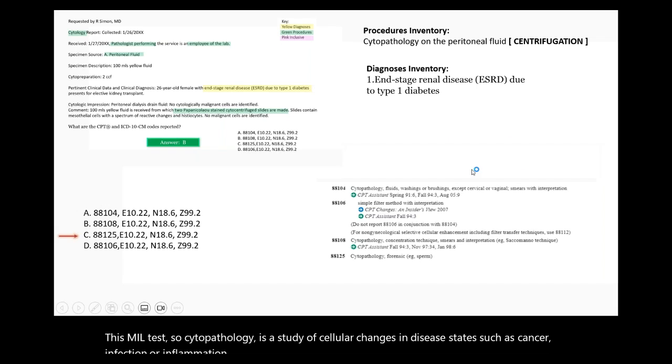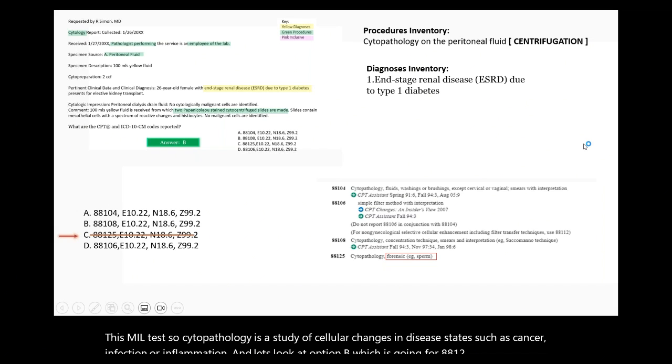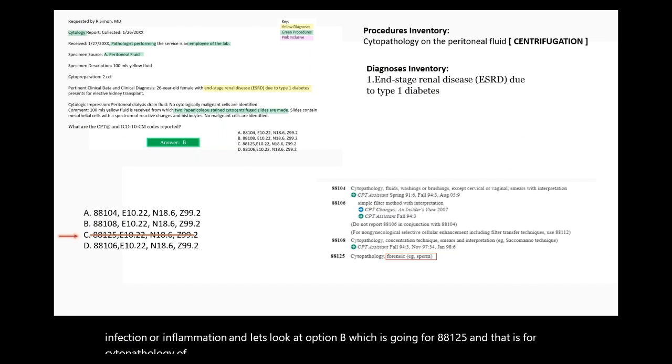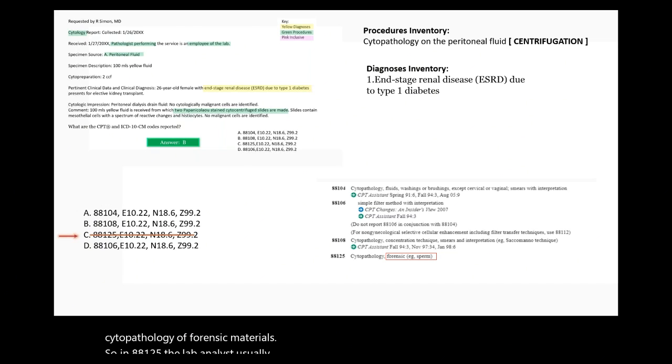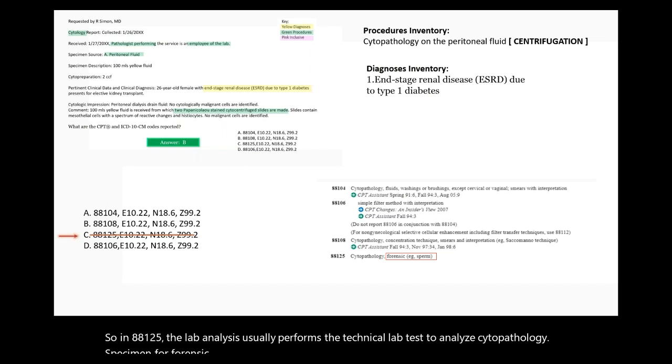And let's look at option C, which is coding for 88125, and that is for cytopathology of forensic materials. So in 88125, the lab analyst usually performs the technical lab test to analyze cytopathology specimen for forensic analysis, which didn't happen here. We had a cytopathology of the peritoneal fluid, and that was not for any forensic analysis.